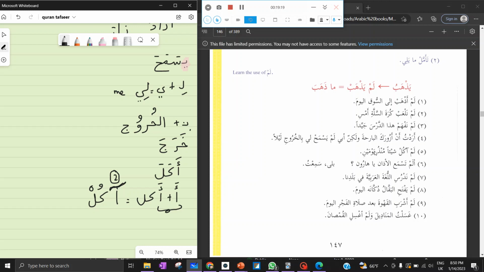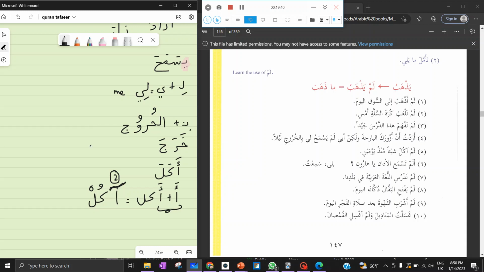Mundu yawmain. Mundu means since. Yawmain is 2 days. It is muthanna. What about muthanna rules? When you see a dual noun, a muthanna noun, that means muthanna is actually recognized by letters and not by harakas.